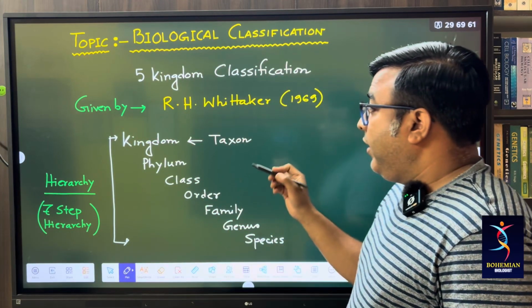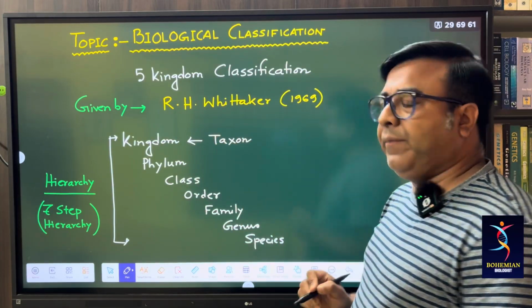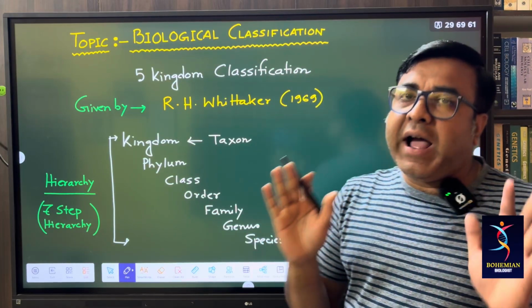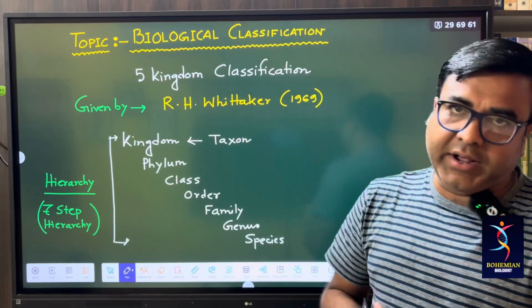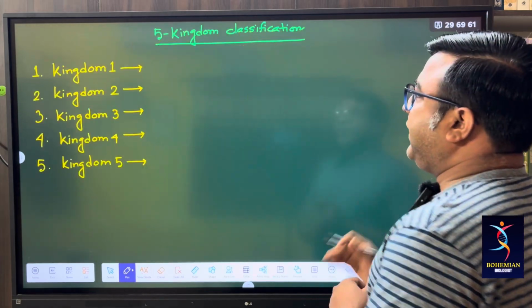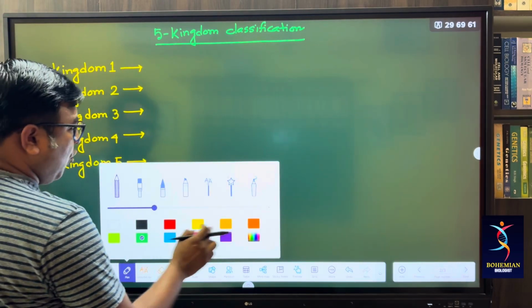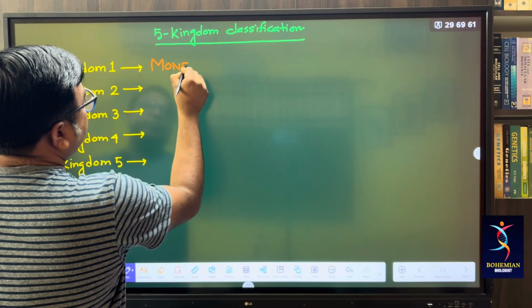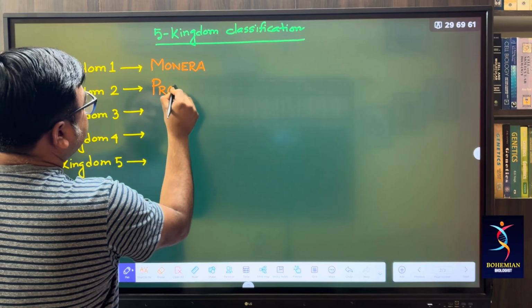So here you can see kingdom is the topmost taxon, and according to kingdom, there are 5 kingdoms in this classification which was given by Whittaker. So what are the 5 kingdoms? Kingdom 1, Monera. Kingdom 2, Protista.